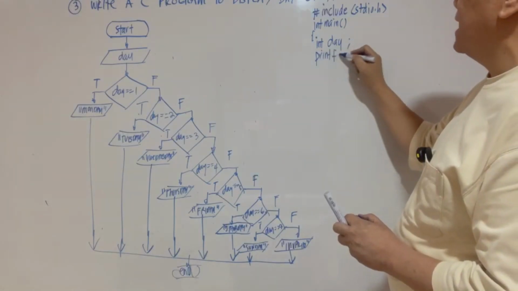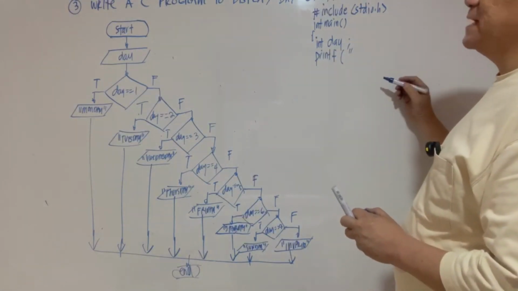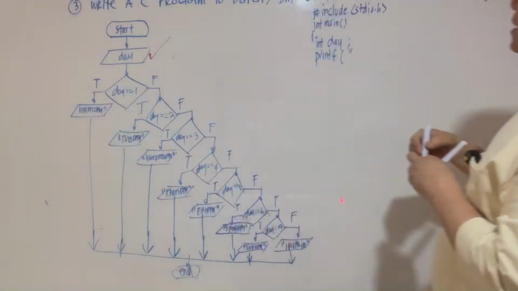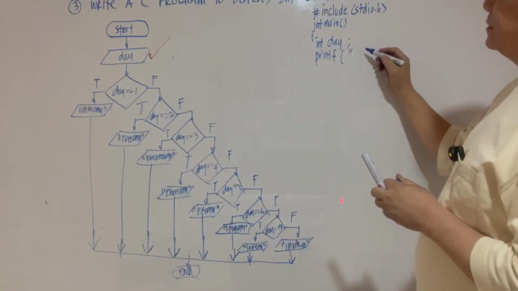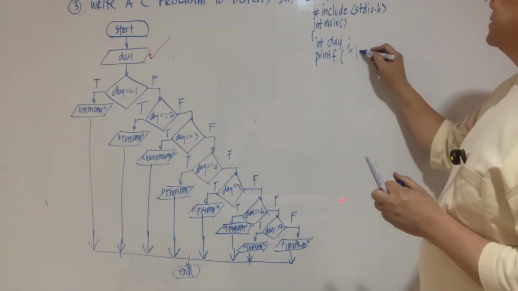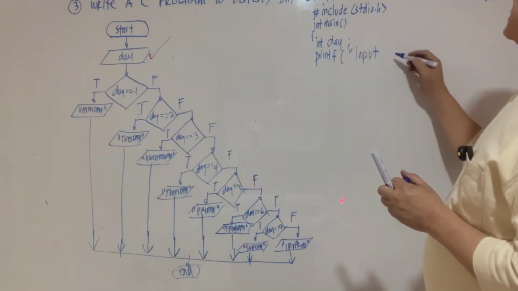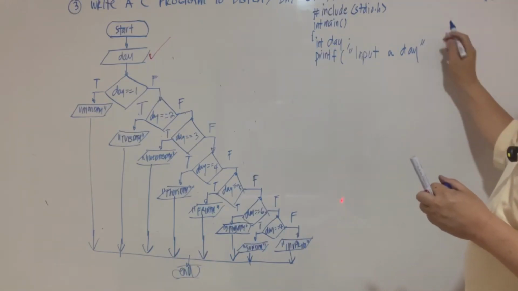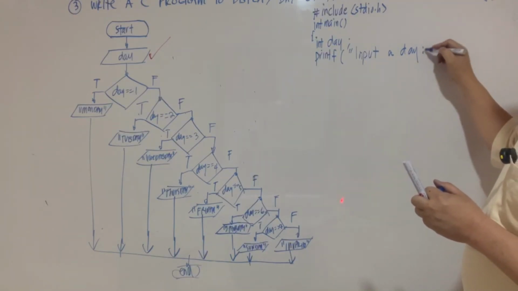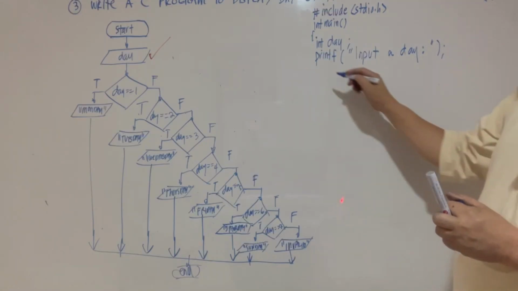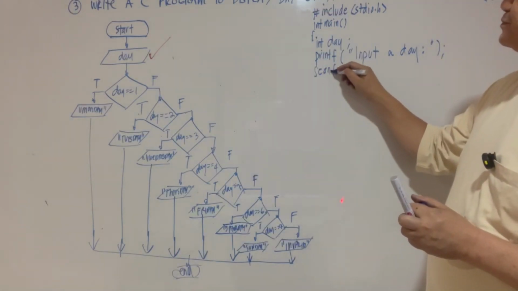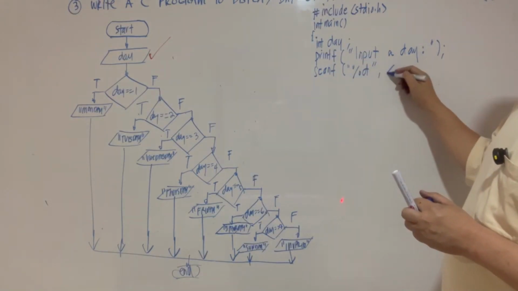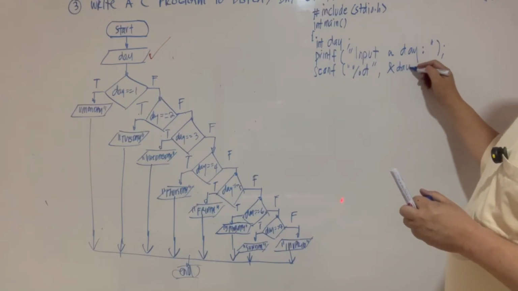Prior to that, let's have the output statement: input a day. Scanf, and since it's an integer, we can just have %d, then ampersand, our variable is day.